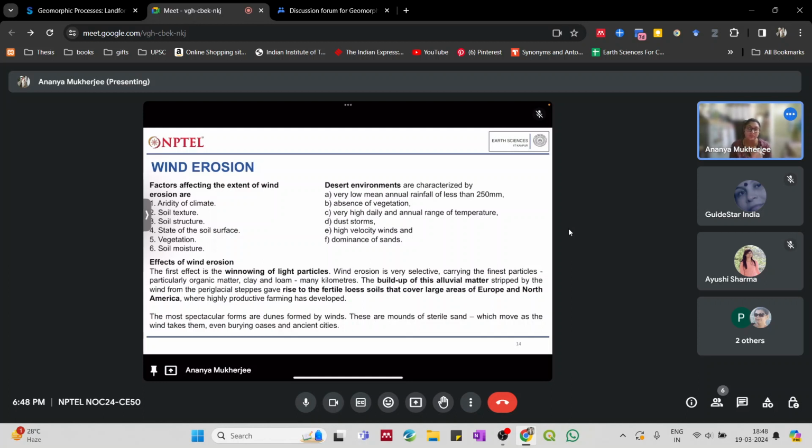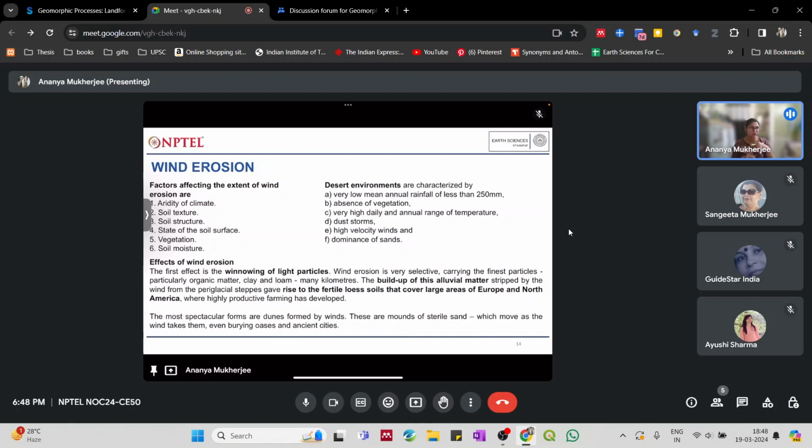Some of the factors which control the extent of erosion done by the wind are obviously the climatic situation at that point of time, the aridity.